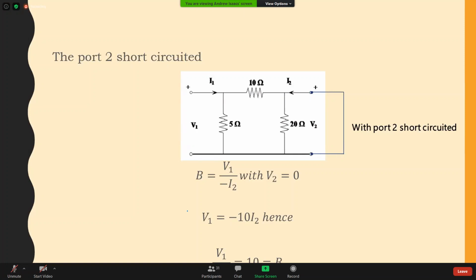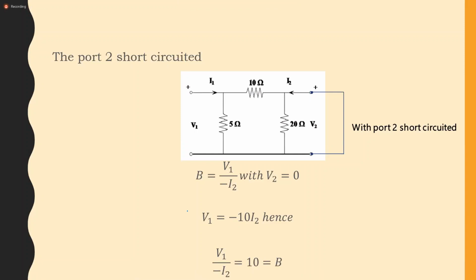Listen to what I said. You just said I1 would be shared between the 5 and the 10. So I'm asking what component of I1 will go through the 10 ohm? It can't be I2. 5 I1 over 15. Thank you. That's the component that will go through the 10 ohm.